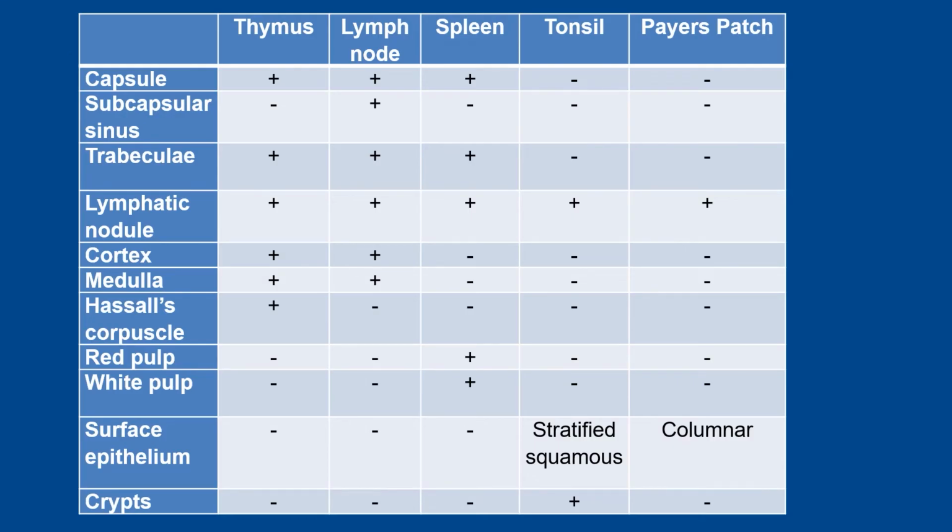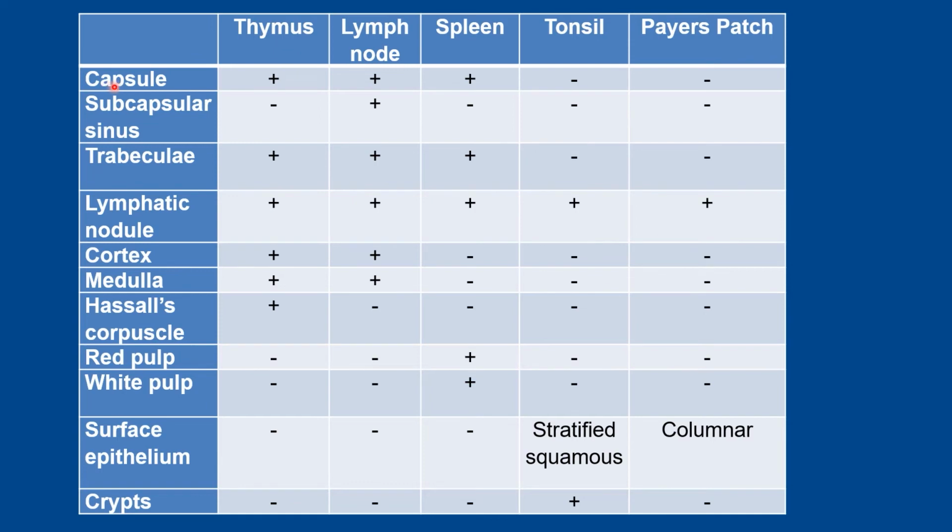So, in short, the identifying features of the different lymphoid organs: the thymus, lymph node, spleen, tonsil and Peyer's patches. You have to see the slides and you have to differentiate one organ from the other.